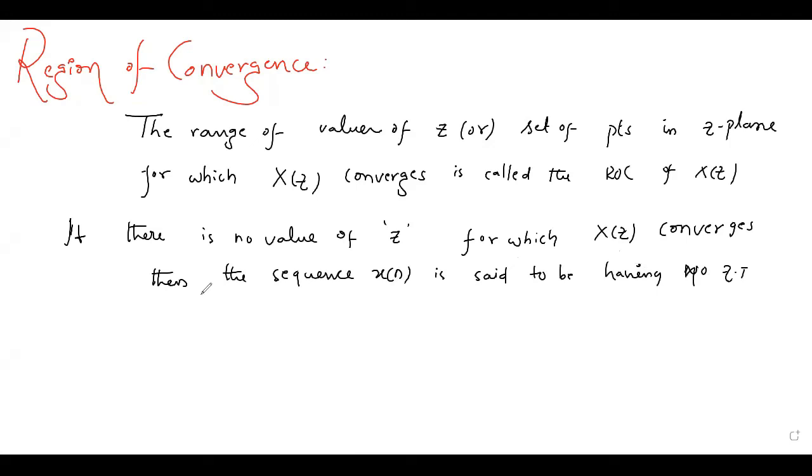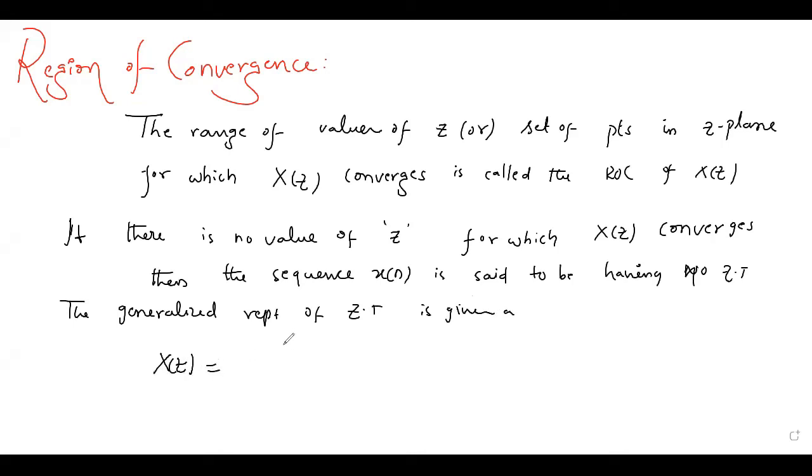Next, the generalized representation. How do we represent a Z transform function? Definitely numerator will be there, denominator will be there, in terms of Z. This is a standard representation.